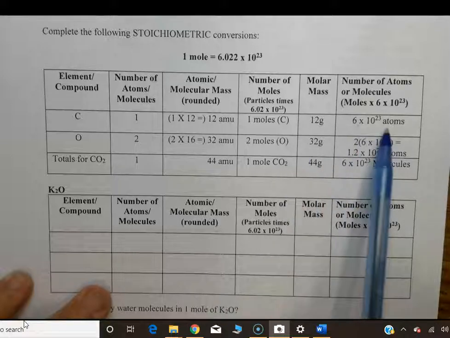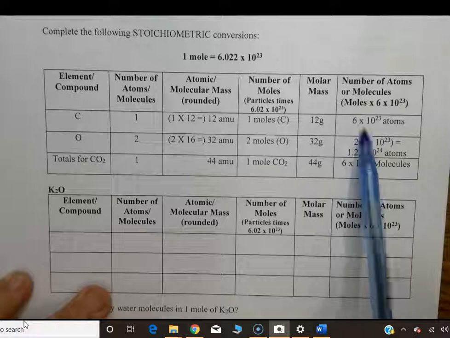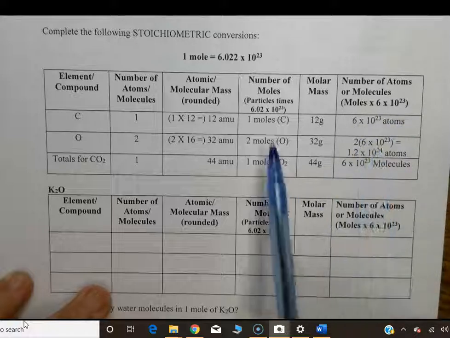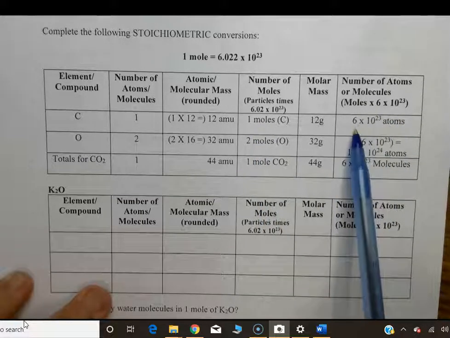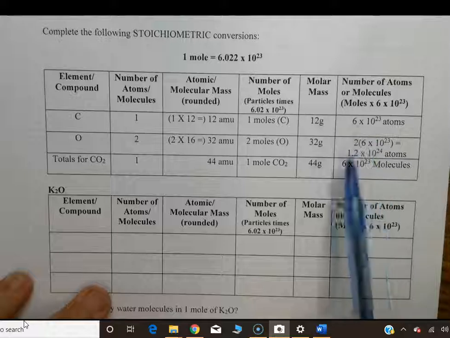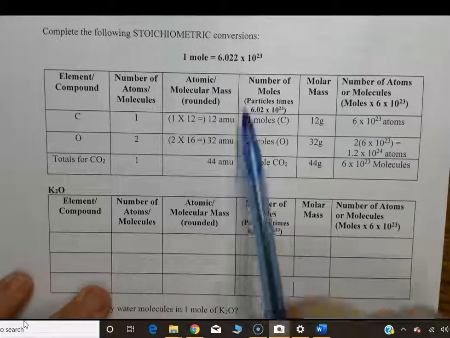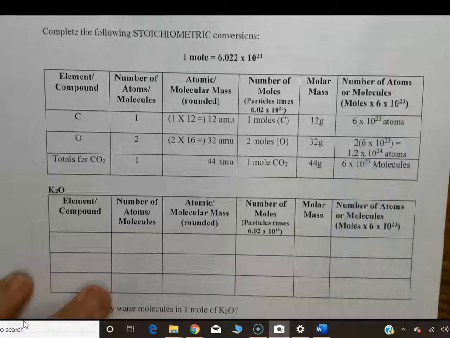Okay, and then over here, I just want you to count the number of atoms or molecules, just to realize what this is saying. We have 1 mole of carbon. Again, a mole is a number just like a dozen. A dozen is 12 of anything. It could be 12 eggs, 12 pizzas, 12 people. It just means the number 12 when you say dozen. When you say mole, it means 6.022 times 10 to the 23rd.